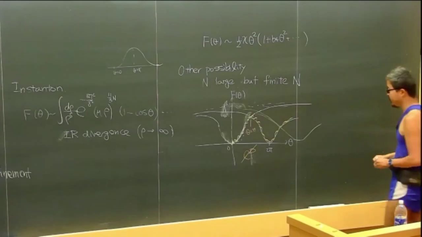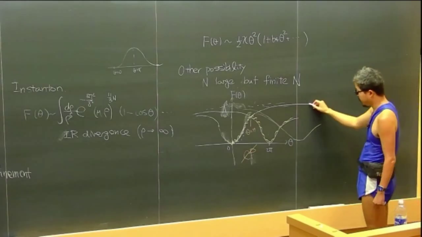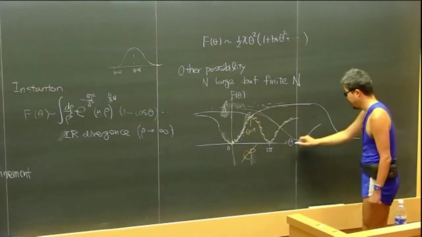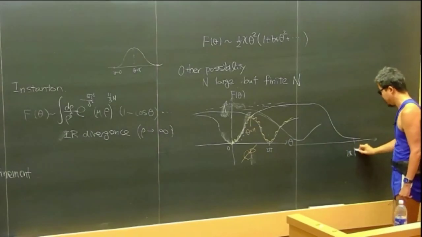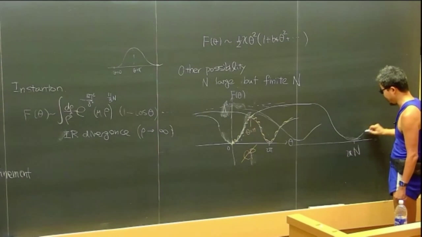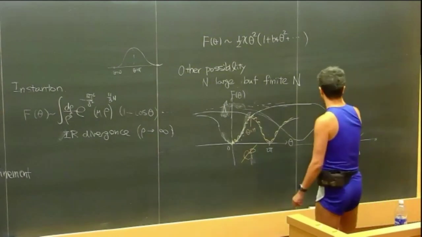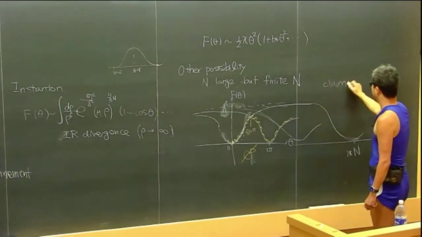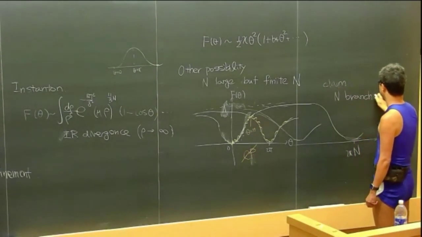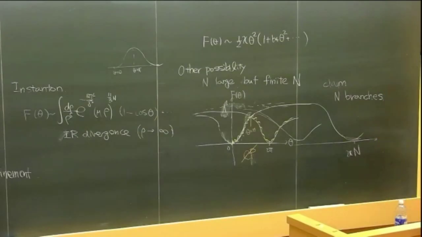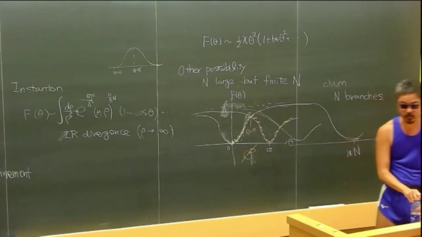But in general, in the large N limit, one of the branches should come back to 0 at 2 pi n. So the claim is n branches for SU(N) theory, and we're going to see the numerical evidence for that in the following.